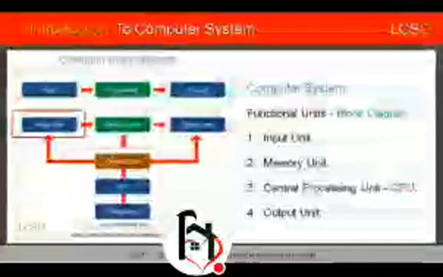Each unit performs a specific function in the working of a computer. The four major units of the computer are: first, input unit; second, memory unit; third, central processing unit, also commonly referred to as CPU; and the fourth unit is called output unit.